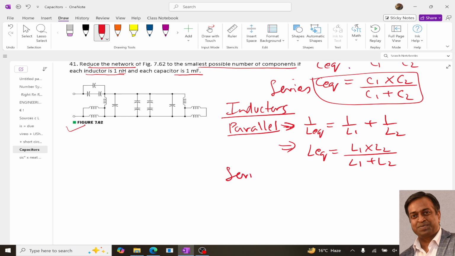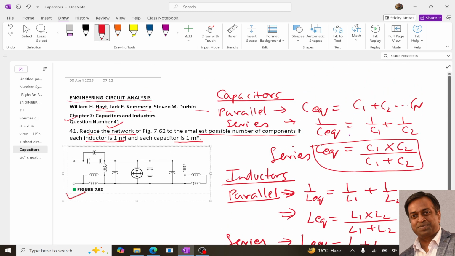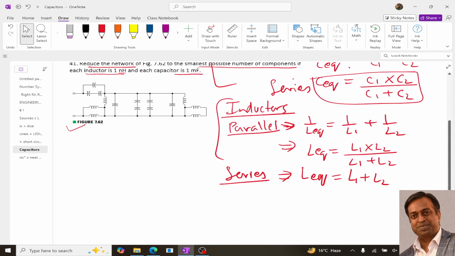Similarly for series, we follow the same thing as for resistors: L equivalent will be L1 plus L2. So considering these formulas for the capacitor and the inductor, we are going to reduce this circuit.